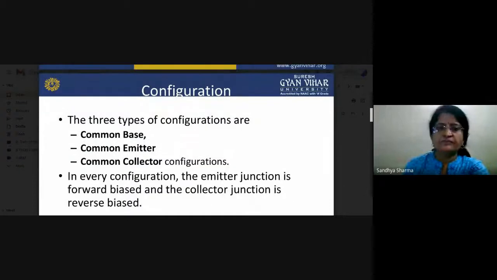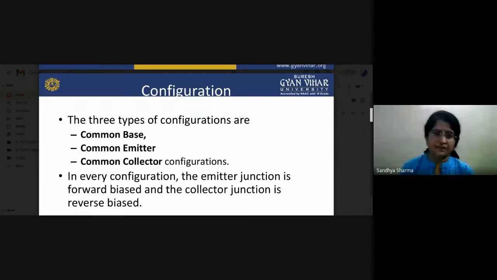Now we will switch to the configurations. At present we have seen the basic regions in which our transistors work. Now we have to see that the transistor is a three terminal device. When you have to make an amplifier with the transistor in your external circuitry, you have three terminals.